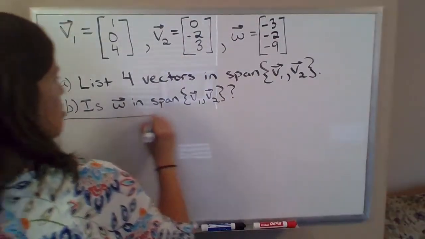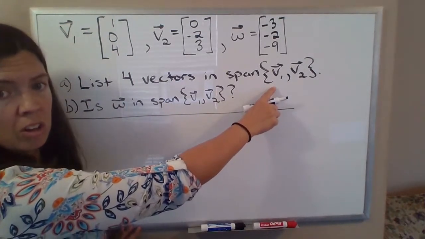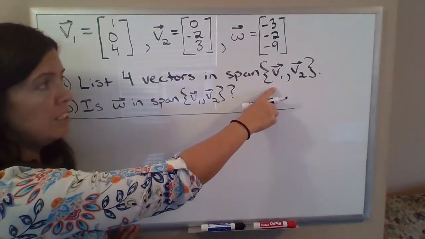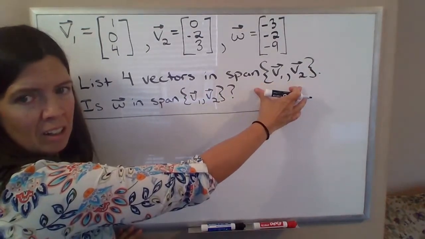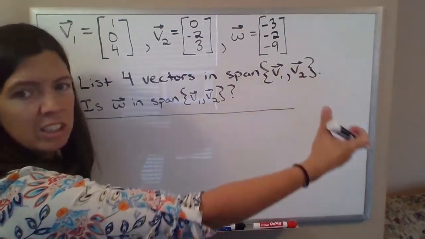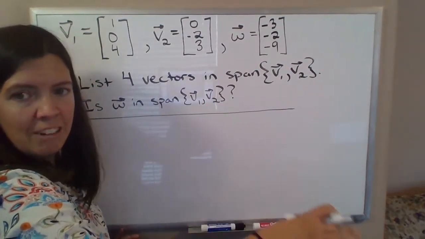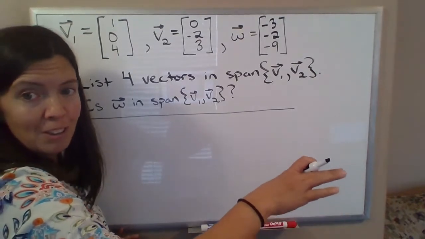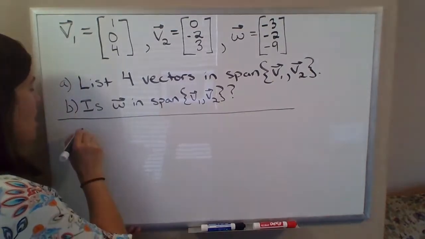I'll do that first. So the span of v1 and v2 is the set of all linear combinations of those two vectors. The span of a collection of non-zero vectors is always going to contain infinitely many vectors.